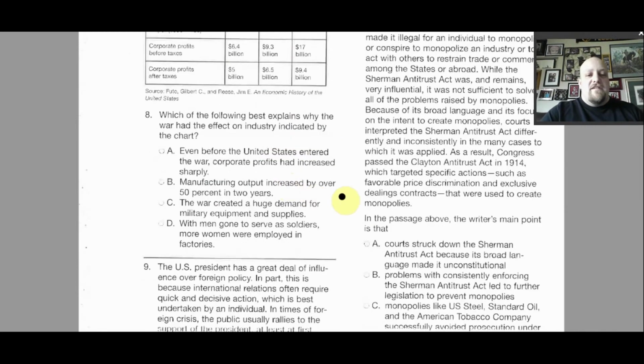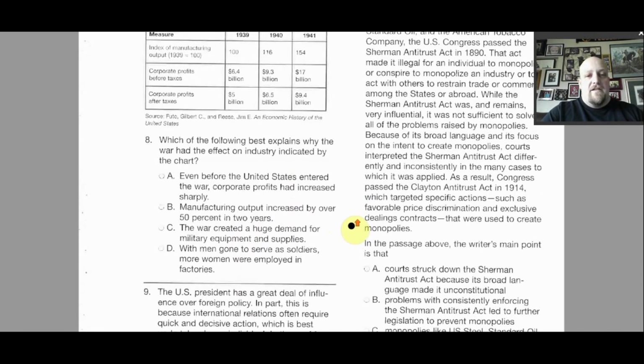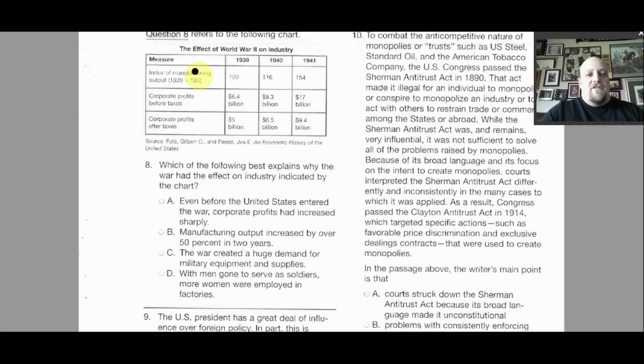So next, the war created a huge demand for military equipment and supplies. Looking at this, manufacturing jumped, it went from 100 to 116, which is only 16 points, up to 154, which is a pretty good increase.